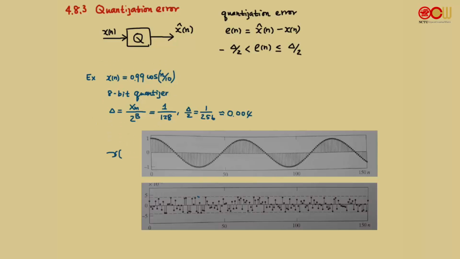This one is xn here, and this one is x. This one is the quantization error.